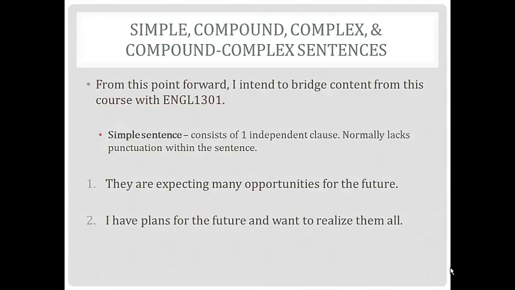It consists of one independent clause. So the second example does have a fanboys word in the sentence, but the second part after the word and is not an independent thought. It cannot stand all by itself. So the entire sentence itself is an independent thought. So remember, a simple sentence lacks punctuation inside of the sentence.